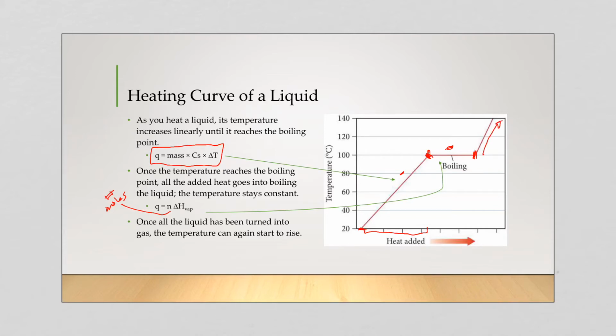And I could calculate how much energy it took to raise the steam from, say, 100 to 120 degrees or whatever, again using my standard Q equation that I would use on any of these slanty parts in the heating curve. Okay, so the heating curve is one way that we can quantify how much heat it's going to take for specific changes to occur.